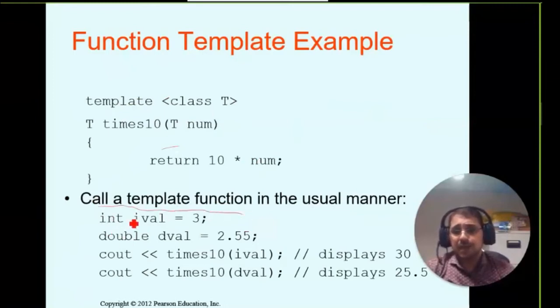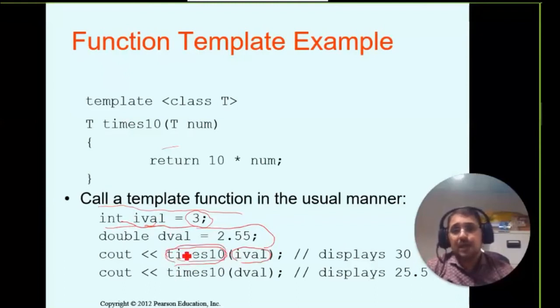For example, if we have an integer value int with the value 3, and you call the times 10 function like this and pass the value as an argument, this value is an integer value, so the compiler will create the integer version of this template.